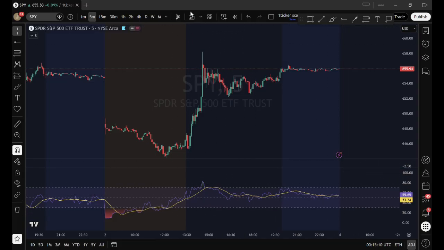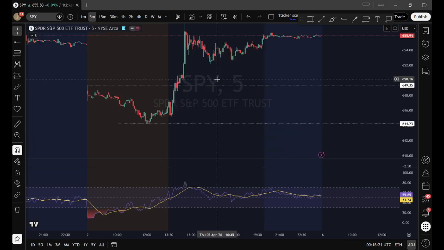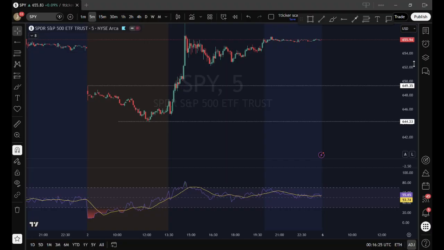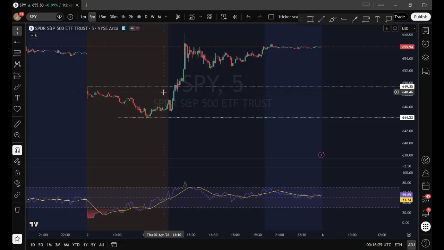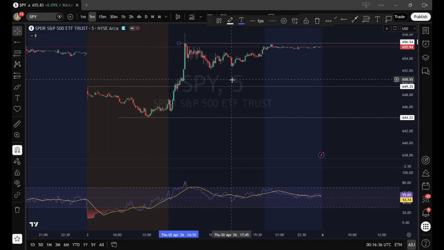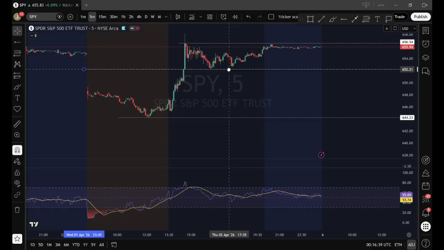If I had to simplify RSI for beginners, here's what I would say. Mark your support and your resistance. So our resistance would be right here. Our support would be right here.